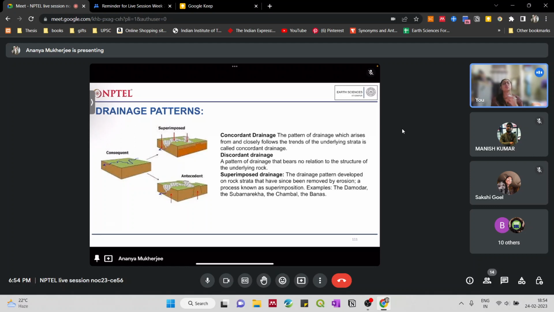Antecedent streams are part of discordant drainage. Suppose the river formed before the formation of the topography or the structural features that we see. Even after the formation of the structural features, the flow of the river has not changed. Over here you can see that the river was flowing like this only. Even with changes in uplift or faulting, the trend has not changed.